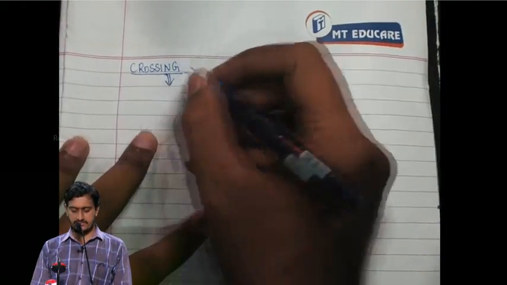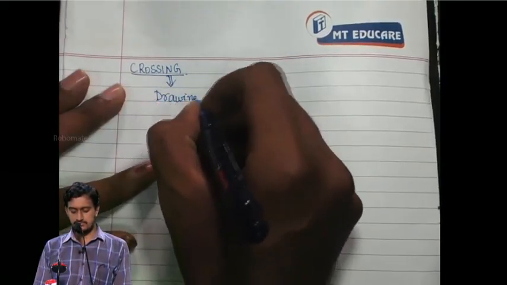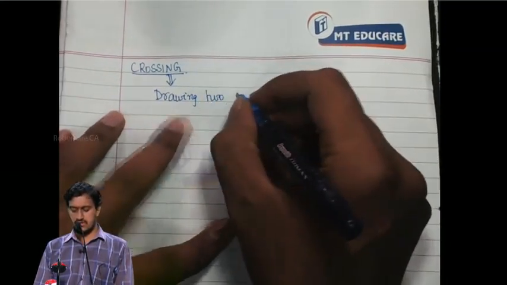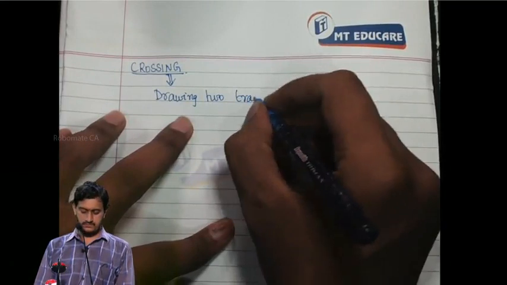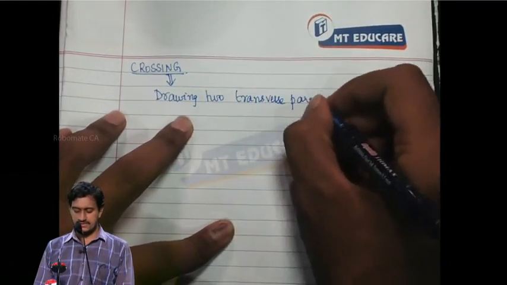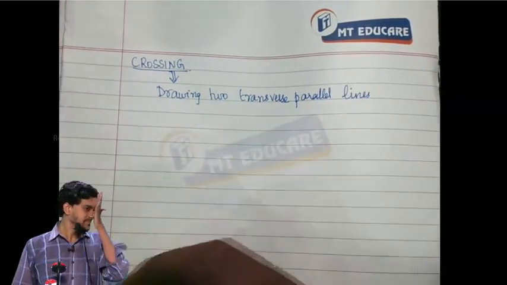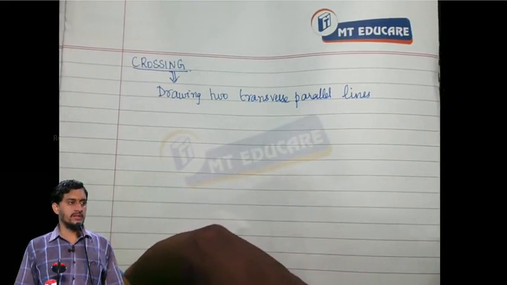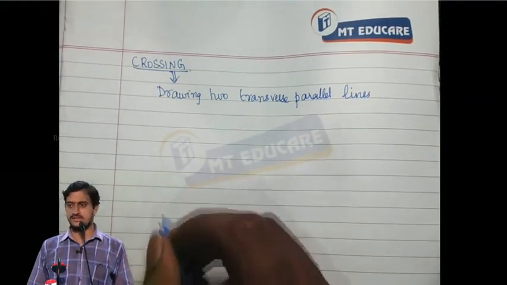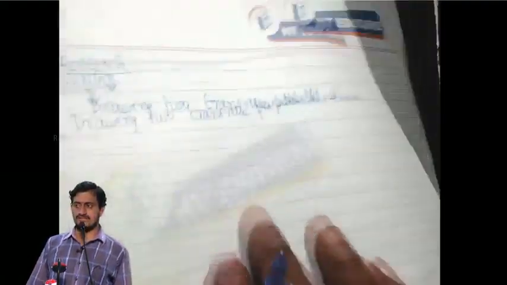Crossing is nothing but drawing two transverse parallel lines, which means how should I draw two transverse parallel lines?